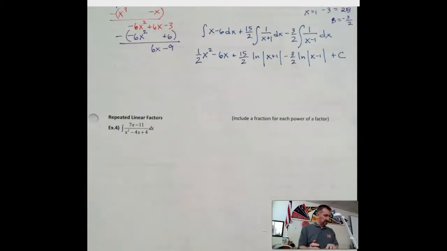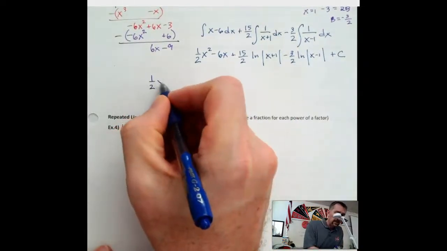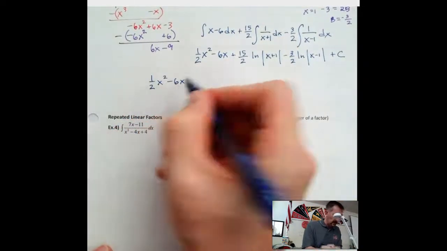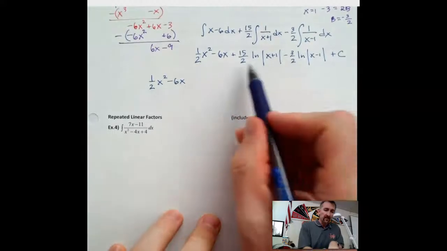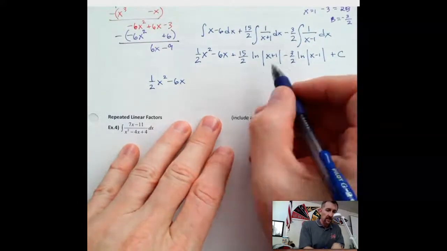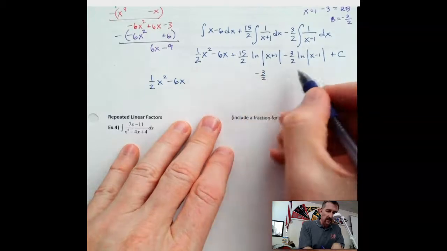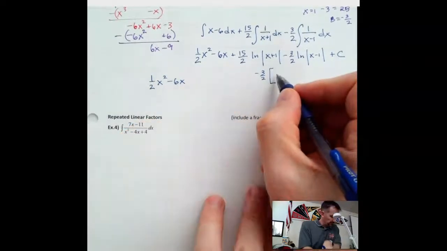Alright, so we can try to clean that up a little bit. What do we want to do there? So we've got 1/2 x squared minus 6x. Now, what if we factor out a 3/2 here?